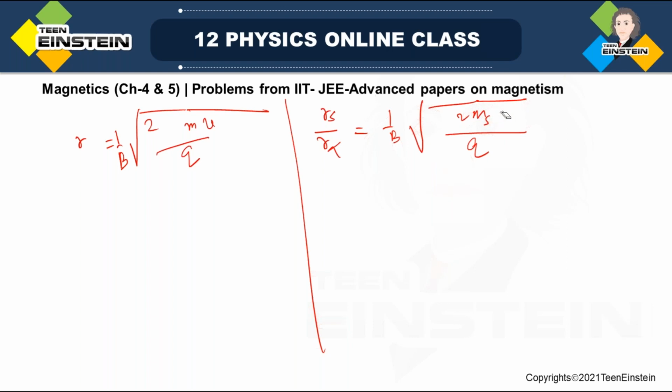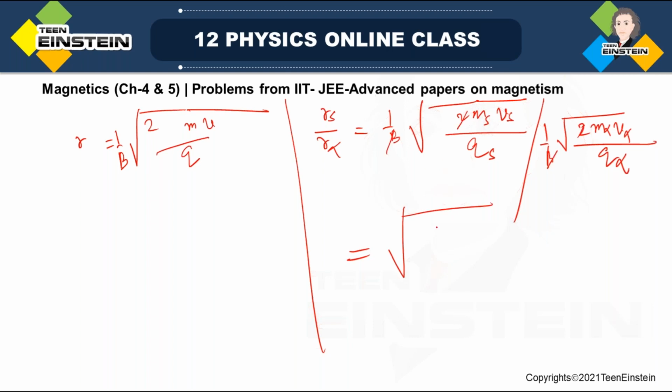They both are moving with the same constant velocity, so finally we see this B will get cancelled, 2 will get cancelled, so we'll get ms by m alpha, and the V's will be cancelled from each other because both are the same.